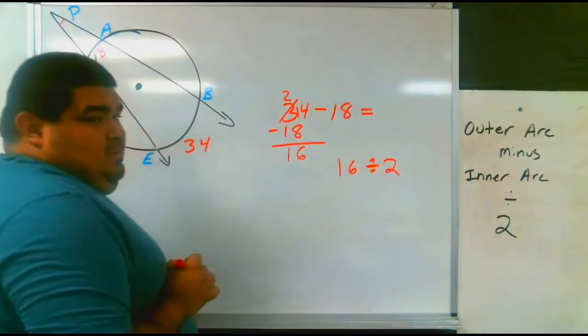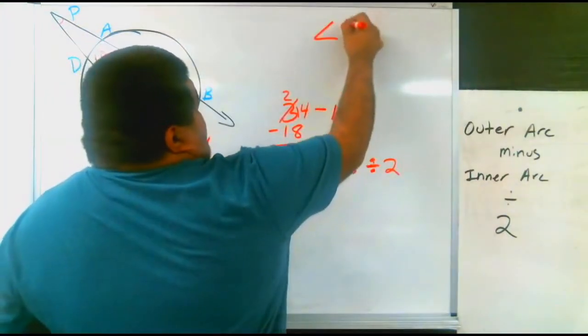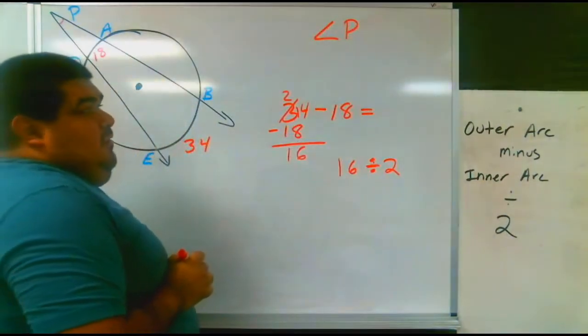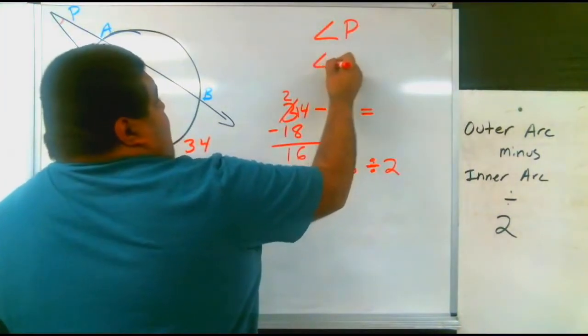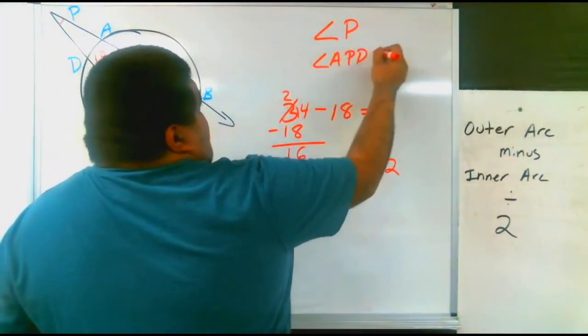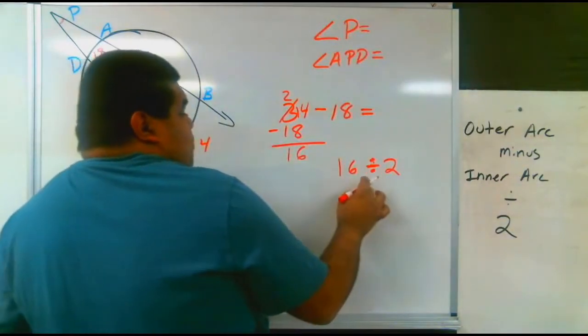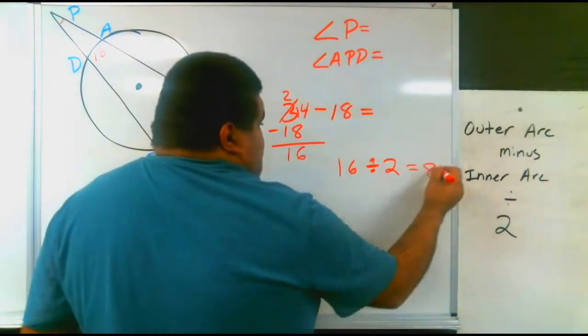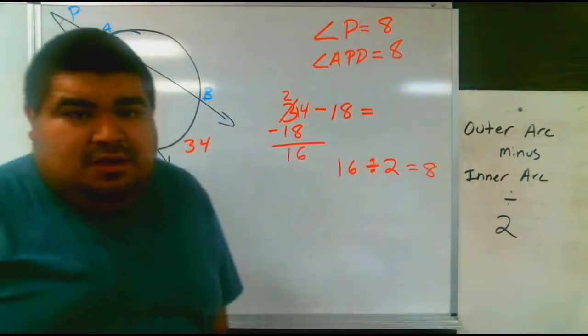So our answer for angle P or vertex P, you can even say angle APD, equals 16 divided by 2, which is 8. So the answer is 8.